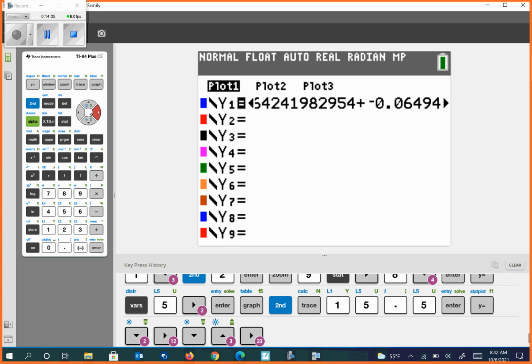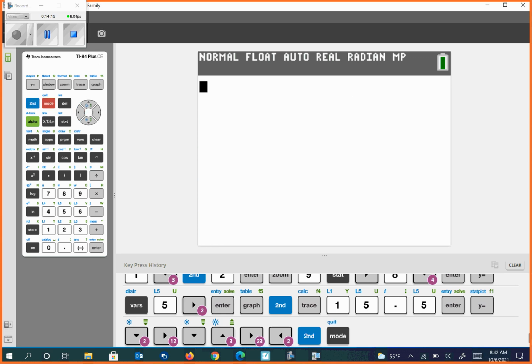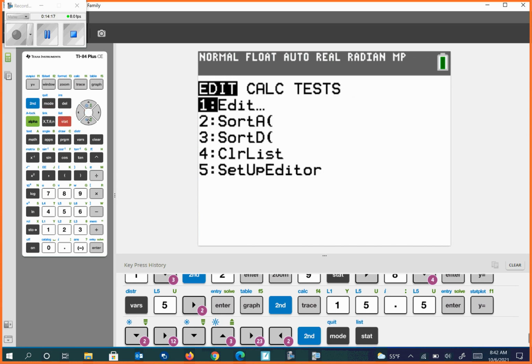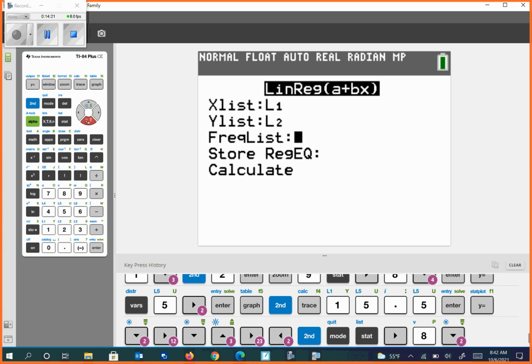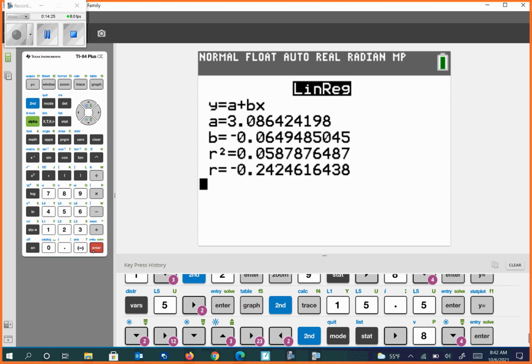Yeah, that's exactly it. And then find and interpret the y-intercept, and there's a regression line. So my y-intercept would be, this will be easier if I just go here. All right, so my B value, or my y-intercept, is actually the A value because we're going backwards, so 3.08.